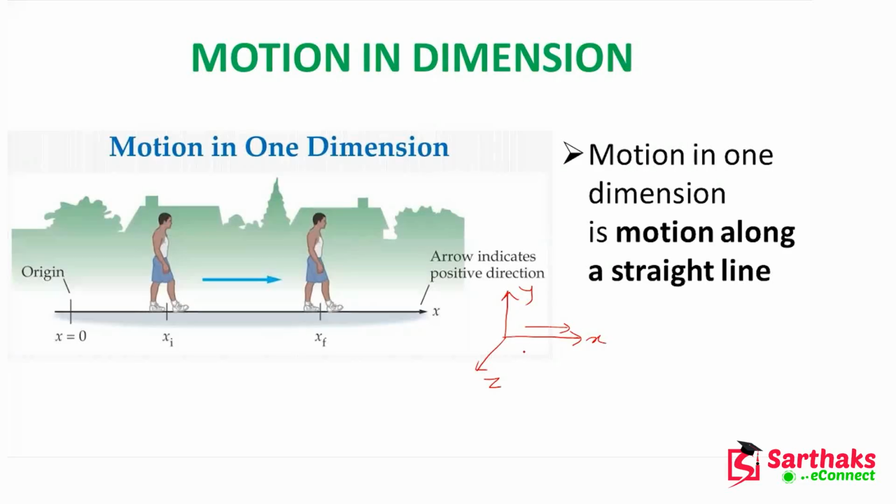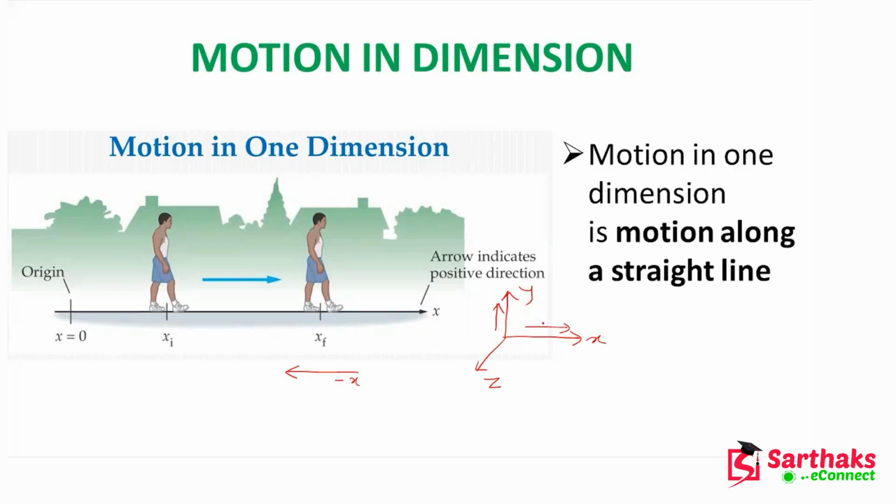That means my motion is one dimensional. Now I am running along the negative x-axis, this is also one dimensional. I am moving upward, or going underground, so that is also one dimension.